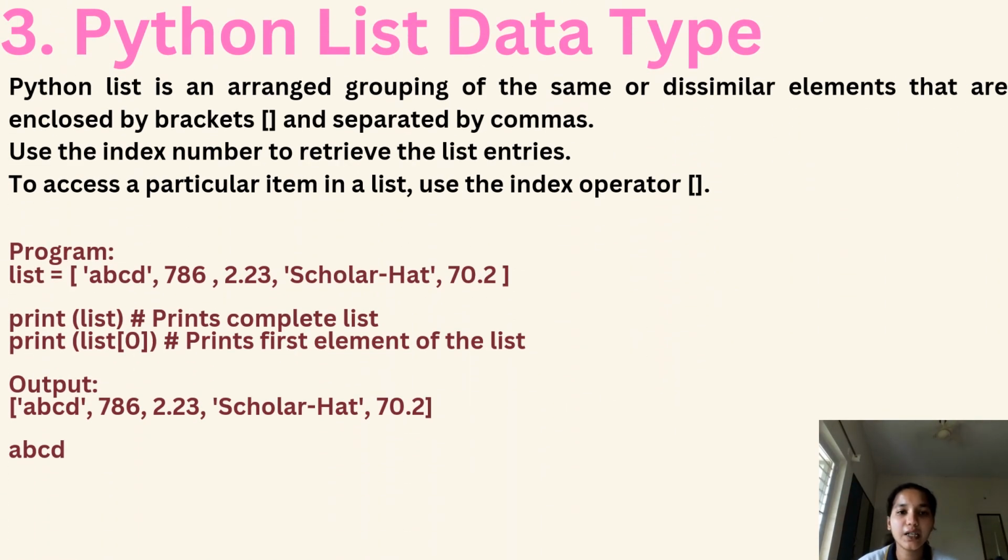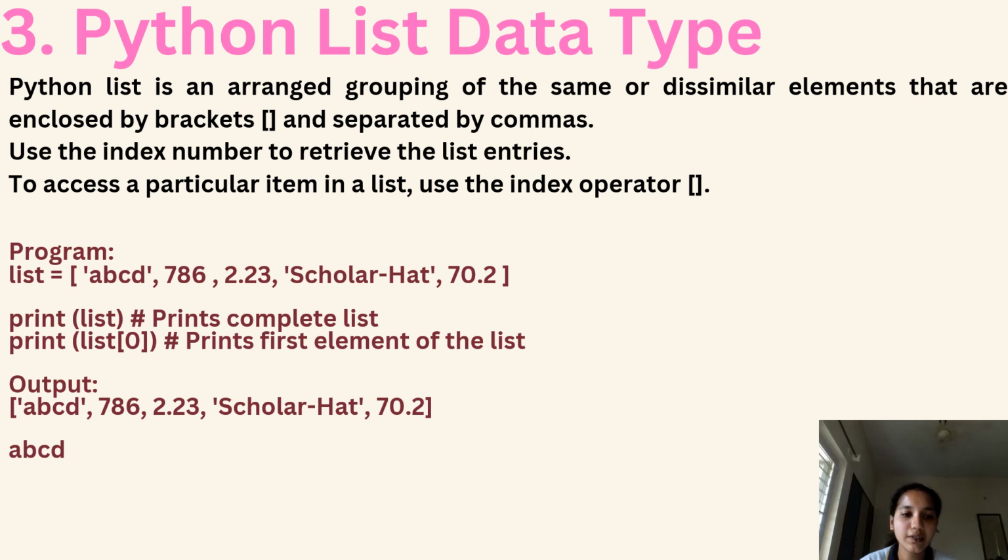Third, list data type. A Python list is an ordered grouping of the same or dissimilar elements enclosed by brackets and separated by commas. Use the index number to retrieve the list entries. To access a particular item in a list, use the index operator. Program: list = abcd, 786, 2.23, scholar hat, 70.2.